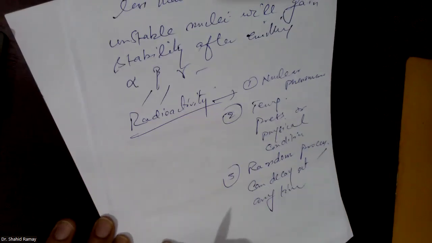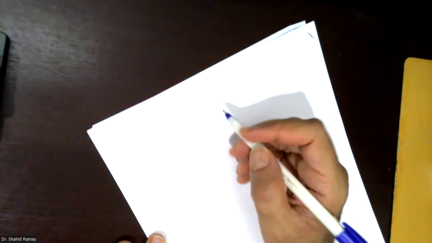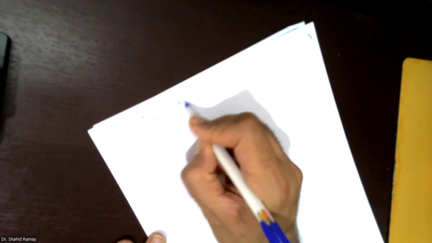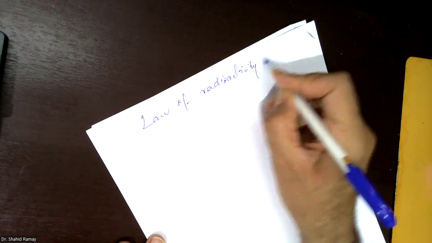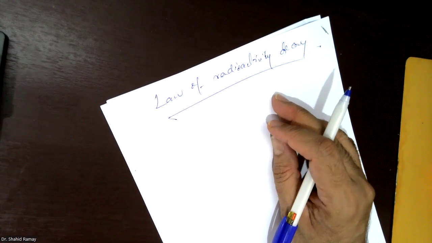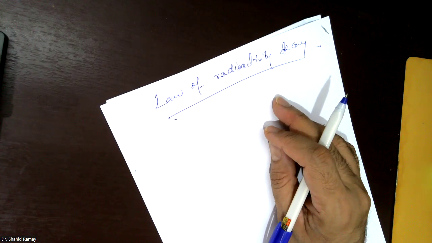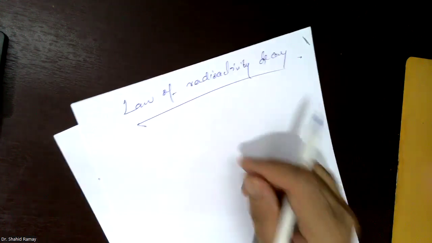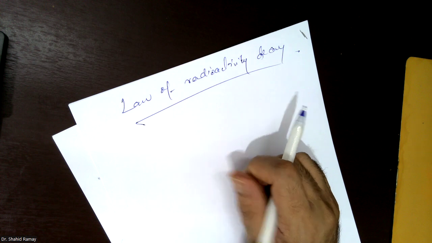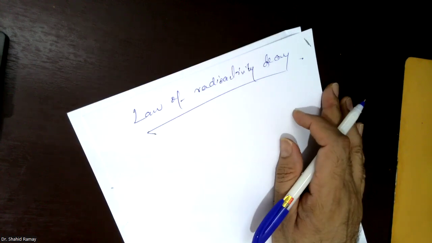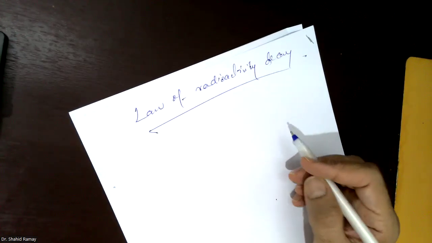Okay. After this, you should remember some laws, called the law of radioactive decay. The law of radioactive decay is actually a statistical law, but you are not studying any statistics here. I will write the law in words first, and then I will write the formulas.